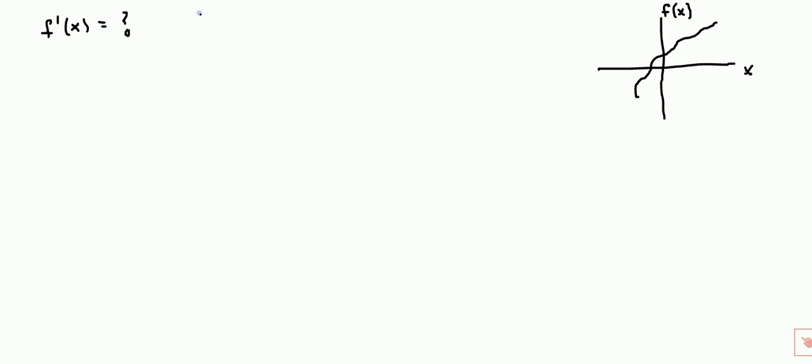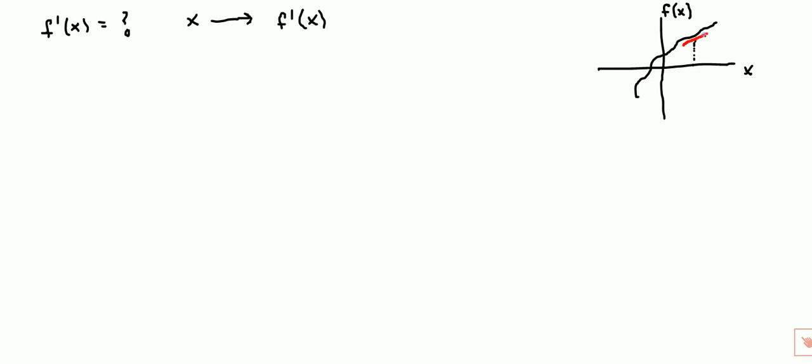That means if we take a point x, some random point along here, for that point, f prime of x is the slope, just for that specific x value, right?